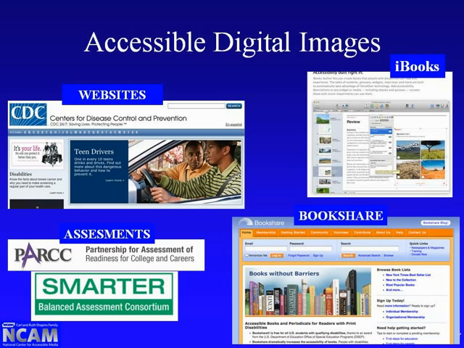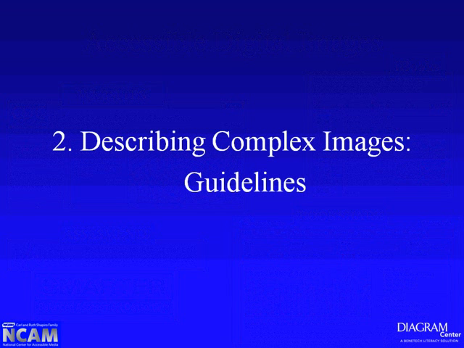These 4 examples are meant to show that accessible digital images for a generation of students are going to be more the expectation than the exception. At least that is the hope.